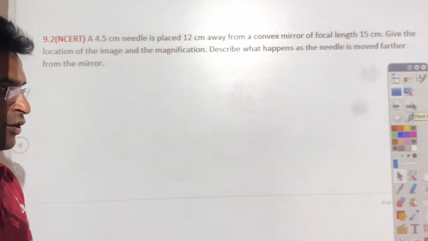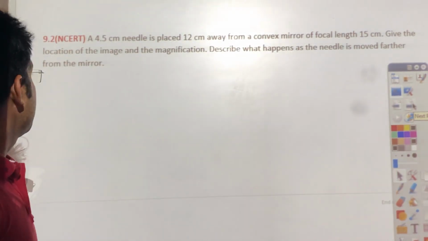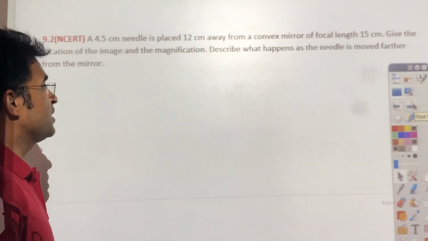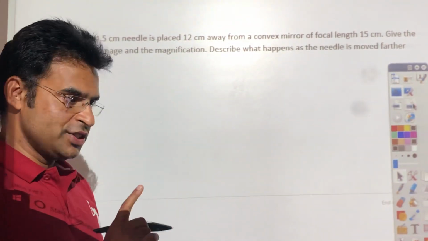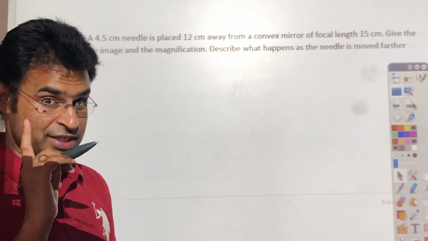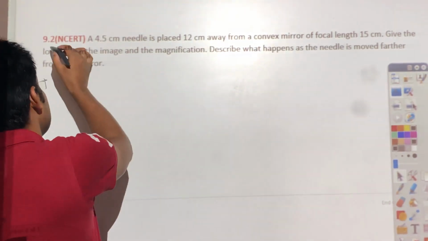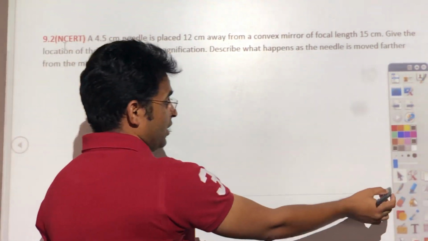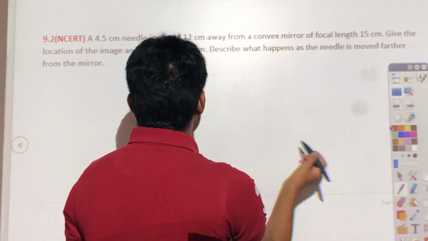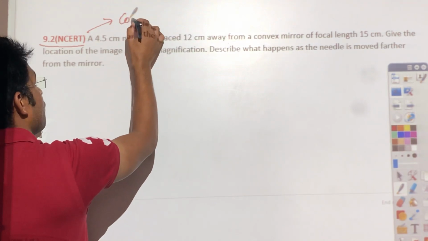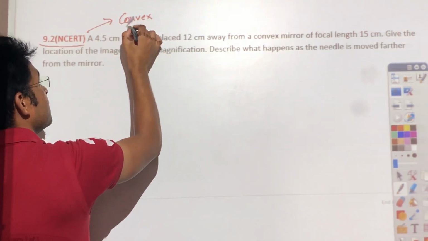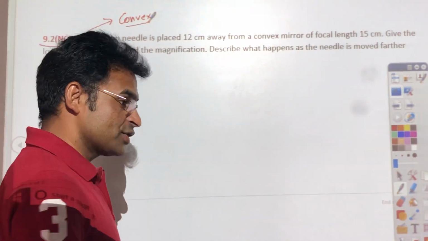A 4.5 centimeter needle is placed 12 centimeter away from a convex mirror. 9.1 was concave and 9.2 is convex.